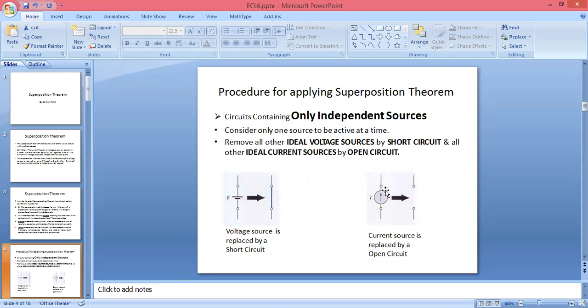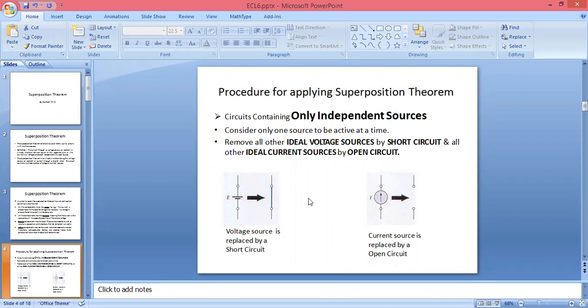हमको क्या करना है, एक वोल्टेज या फिर एक ही करंट को एट ए टाइम कंसीडर करना है. We have to consider only one source active at a time, and we have to remove remaining sources.